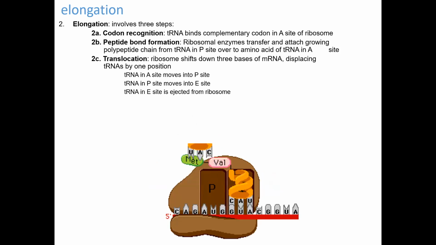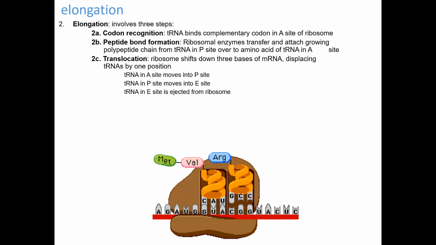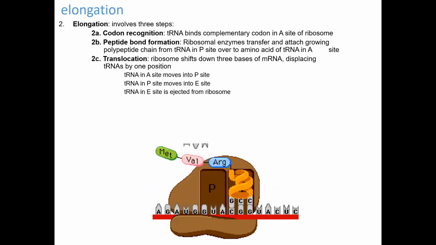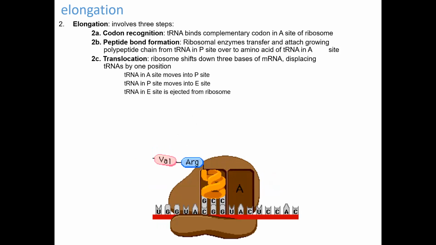Elongation continues. Transfer RNAs continue to bring amino acids. Transfer RNAs with their anticodons are bringing specific amino acids, and the anticodons will bind to the codons on the messenger RNA.